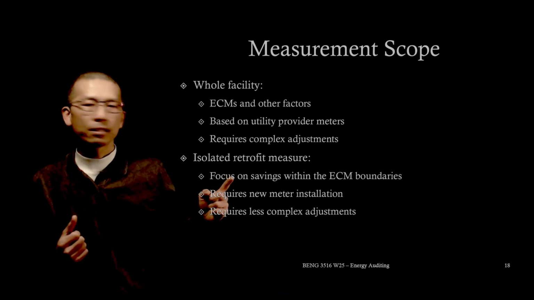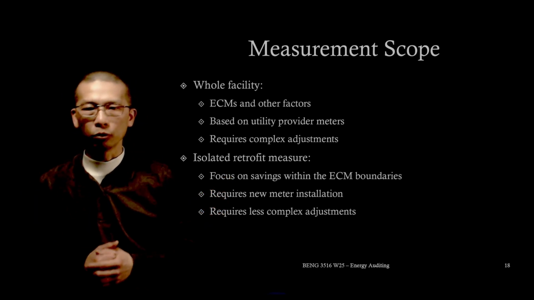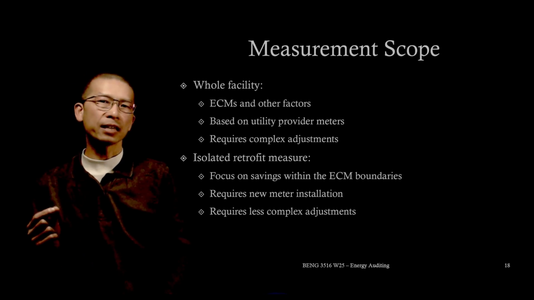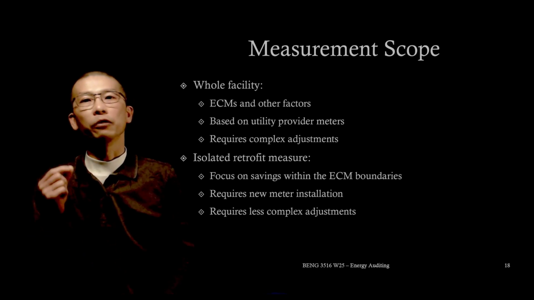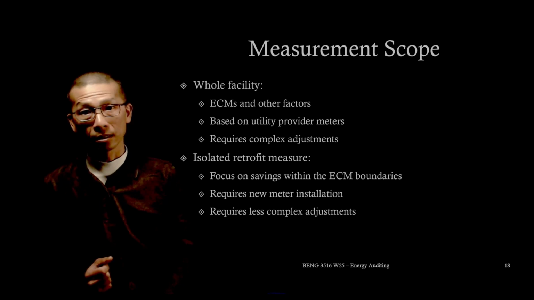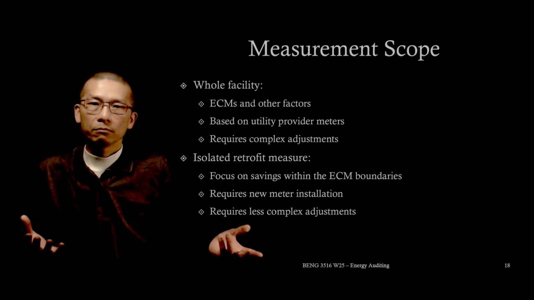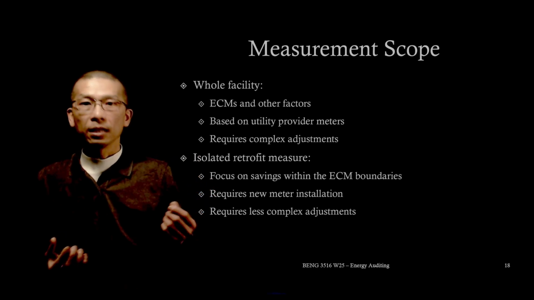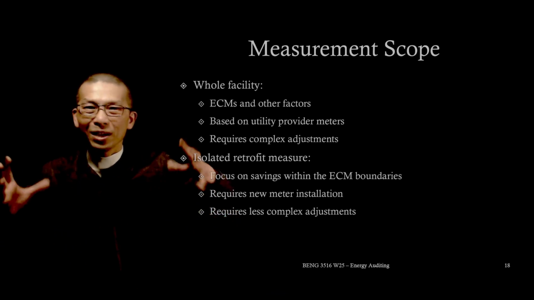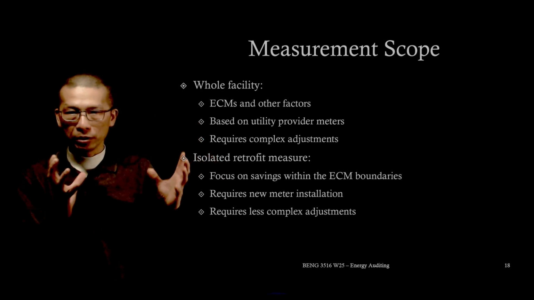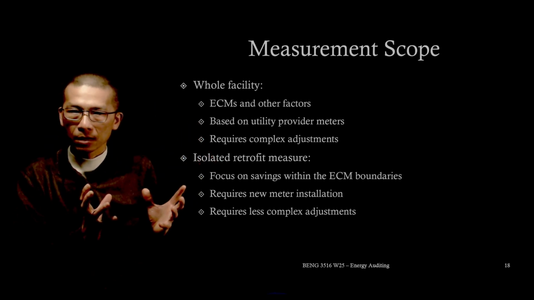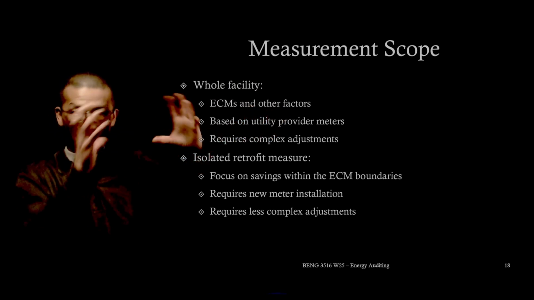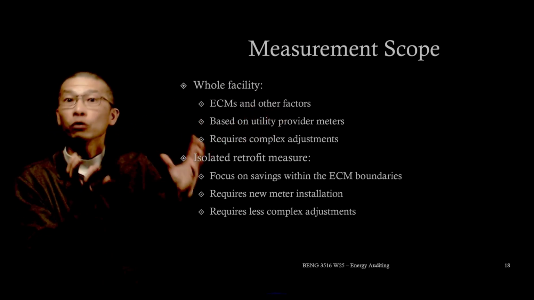For the isolated retrofit measure approach, it measures the energy savings of a specific ECM. For example, only the lighting upgrades or only a new boiler; we only measure one specific measure. It includes the consumption within the ECM boundaries, like the system boundaries. We ignore what's outside of the boundary, outside of our control system, our control volume.